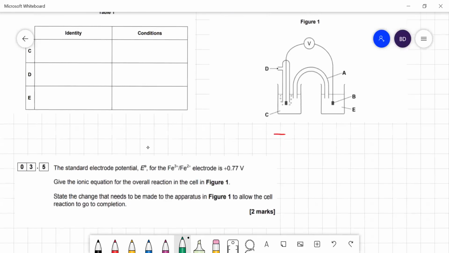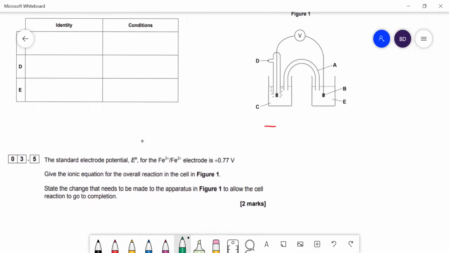The standard electropotential for the Fe3 plus, Fe2 plus system is plus 0.77 volts. Okay. Give the ionic equation for the overall reaction in the cell in figure 1. Okay, so what we're going to need to do is write down the 2 equations. So the equation for the iron one, you always put the oxidized on the left, remember, is Fe3 plus plus an electron, reversible if you like, Fe2 plus.